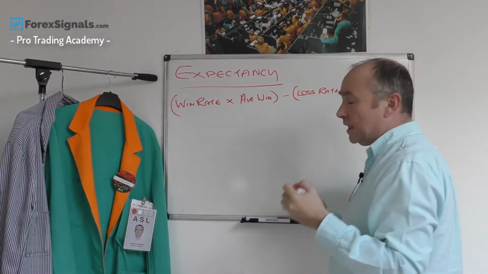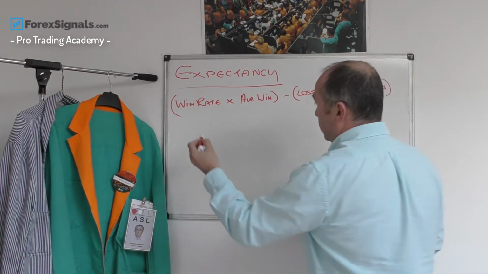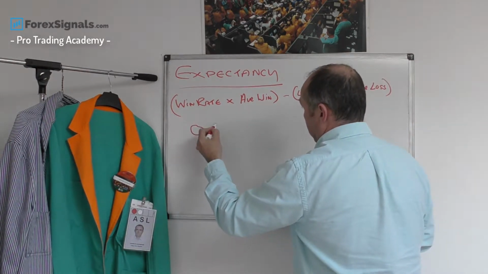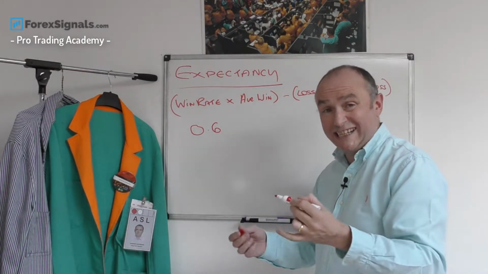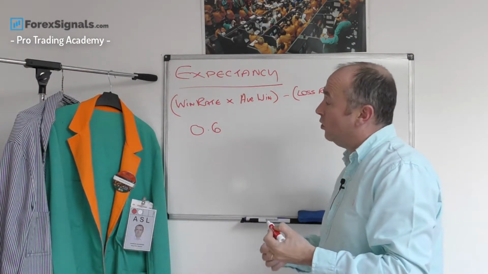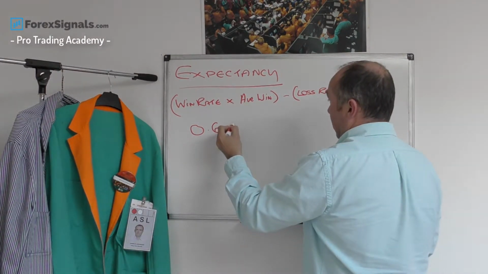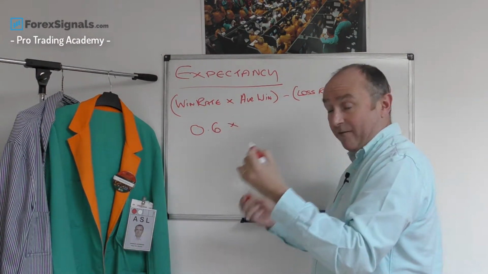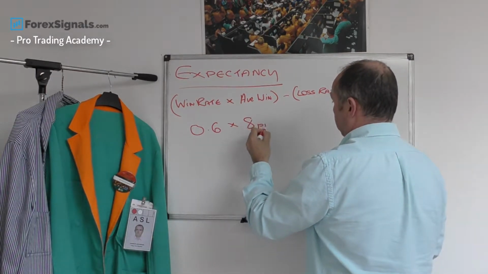Let's assume we have a strategy with a win rate of 0.6. That basically means that 6 out of every 10 trades should be profitable, or 60 out of 100 trades should be profitable, or 600 out of 1,000 on our back test. And the size of the average win was, say, 8 pips.